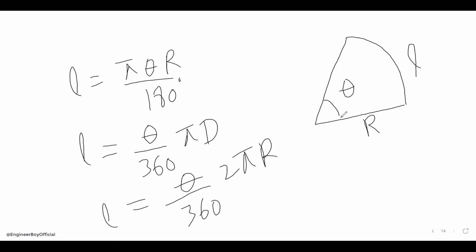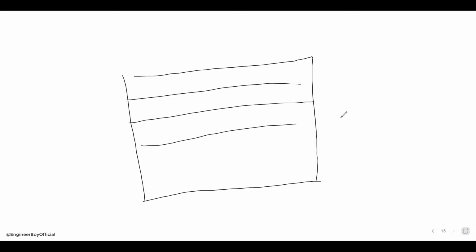Moving ahead, we will have an example so we can understand the problem better. Let's say we have a circular arch over here, and this is a brick wall.